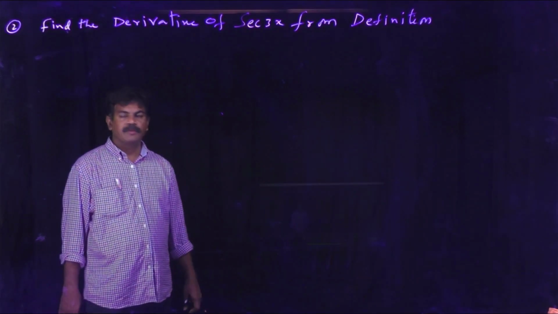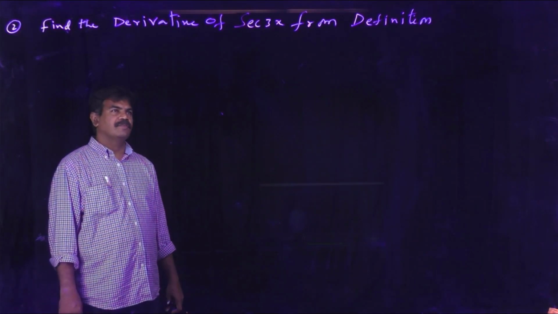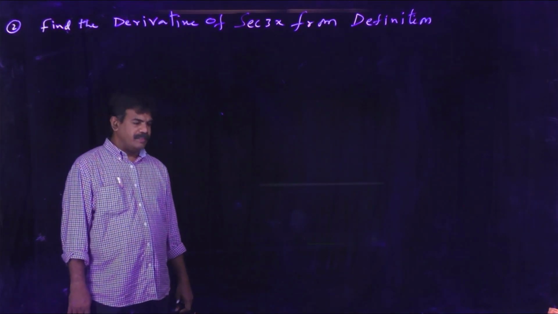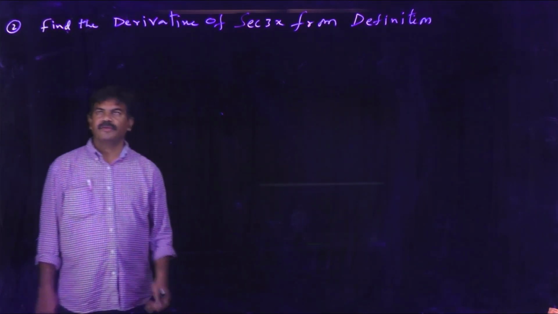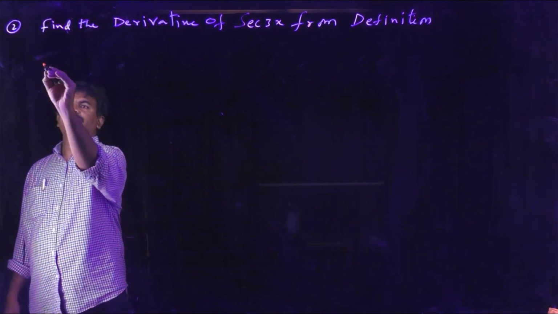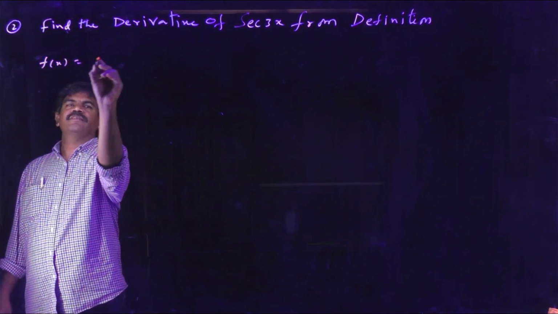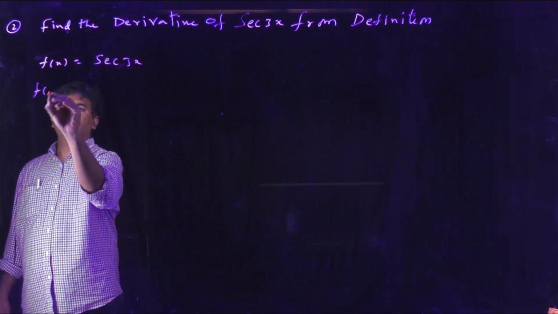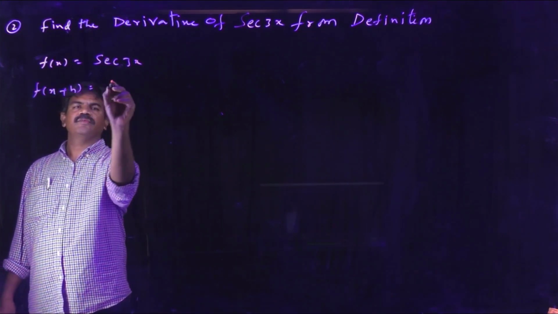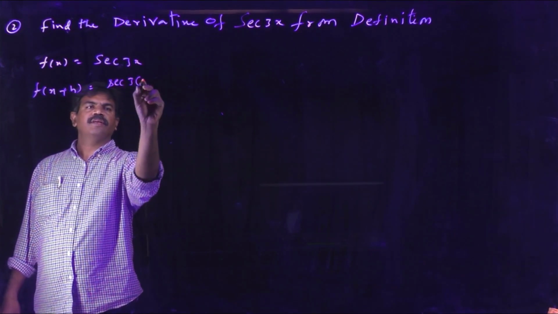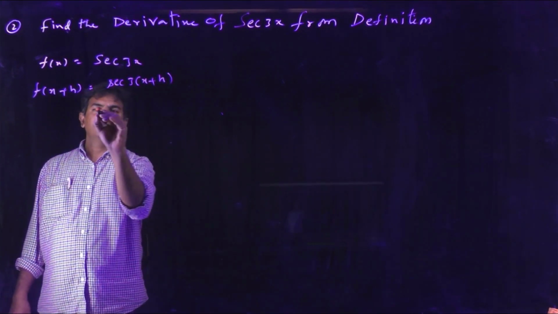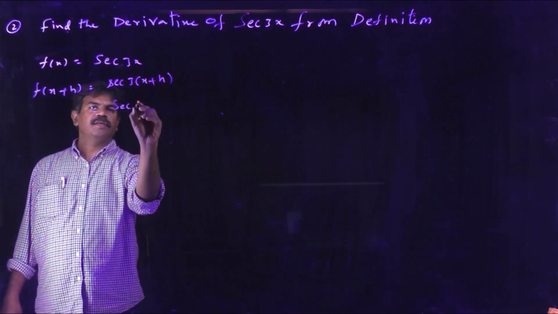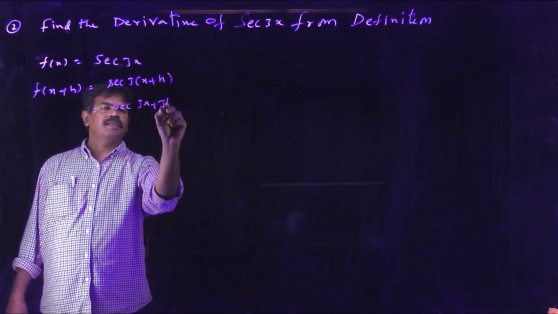Next another problem, that is find the derivative of secant 3x from definition. So given f of x is equal to secant 3x, now we write f of x plus h is equal to secant of 3 of x plus h, that is secant of 3x plus 3h.